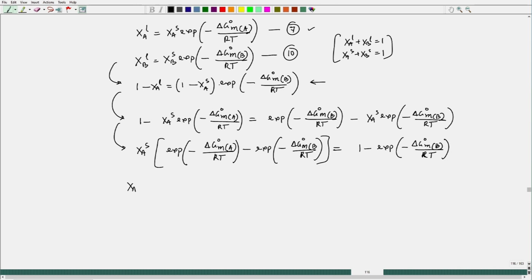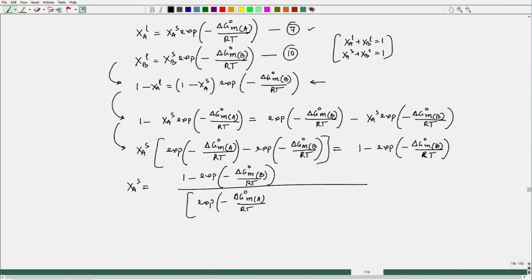So XAS equal to 1 minus exponential minus delta G naught M B by RT, divided by exponential minus delta G naught M A by RT minus exponential minus delta G naught M B divided by RT. Okay, so this is one expression for solid solution in terms of A.